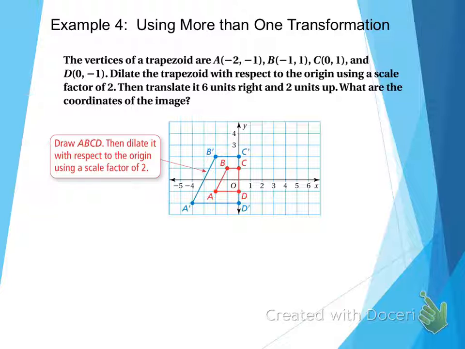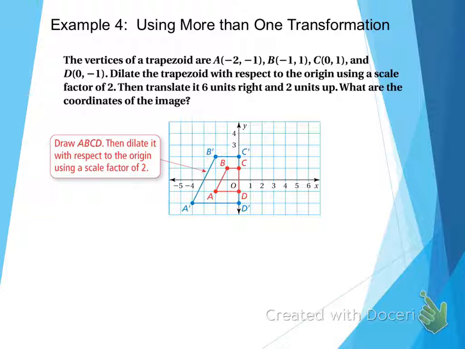A, B, C, D, then dilate it with respect to the origin using the scale factor of 2. So now it's gotten bigger. But now, the next thing it's asking us to do is to translate it 6 units right and 2 up. Some of you were having problems with this, but all you have to do is take the new points, these A, B, C, D primes, and you're just going to count.